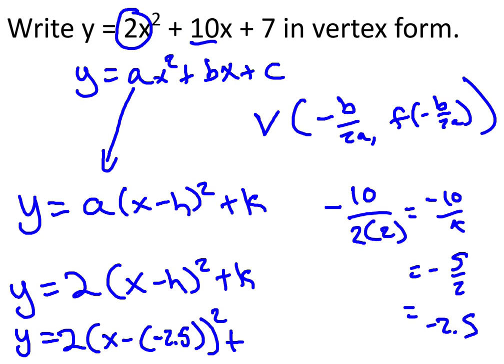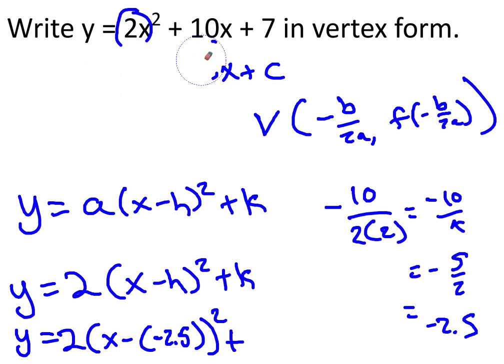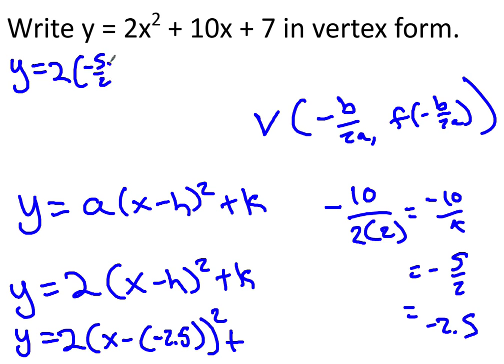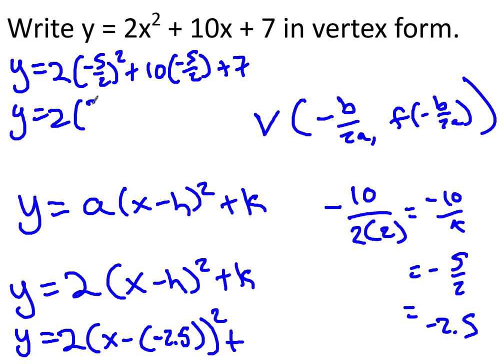So I'm going to come up here and erase this to give myself some space. And I'm going to use negative 5 over 2. I'm going to plug that back in for x. Negative 5 over 2 squared plus 10 times negative 5 over 2 plus 7. And you get y equals 2 times 25 over 4 plus negative 50 over 2, which is also known as negative 25.